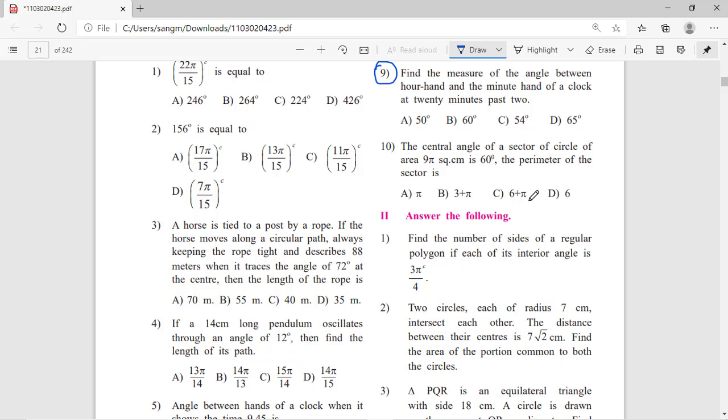Okay, let's take the central angle of the sector of a circle, area 9 pi centimeter, perimeter. Good question.